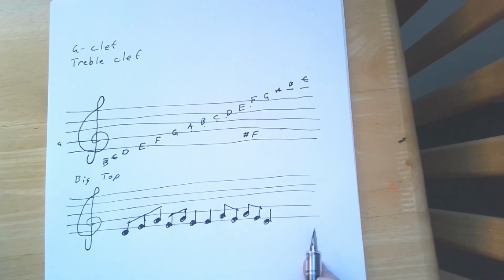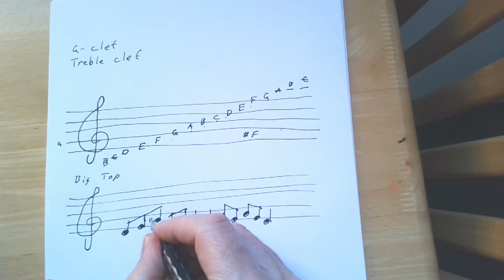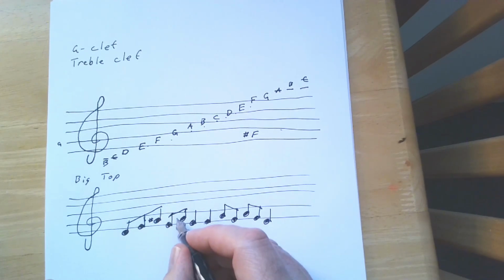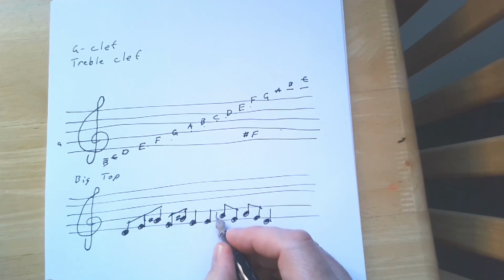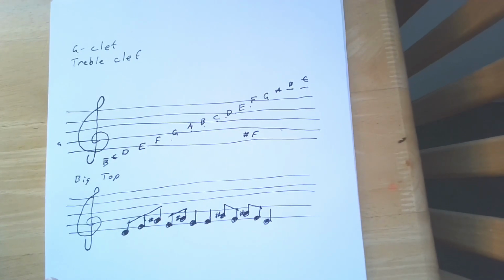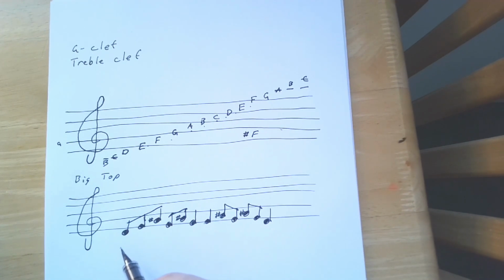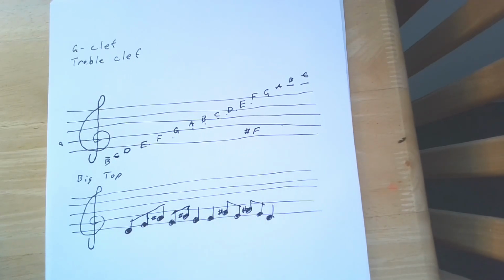Okay, that's Big Top. Now this is a D, E. This is actually an F sharp. All right. Now, if we had a line and a space between each of these, if every fret was a different section of that staff, then it wouldn't have looked like that. It would have looked like this.